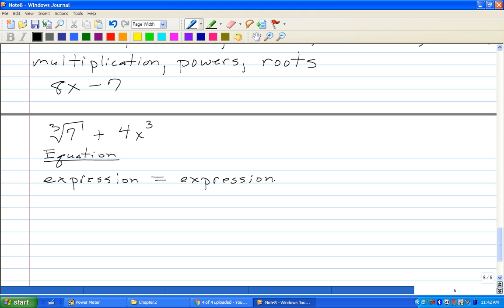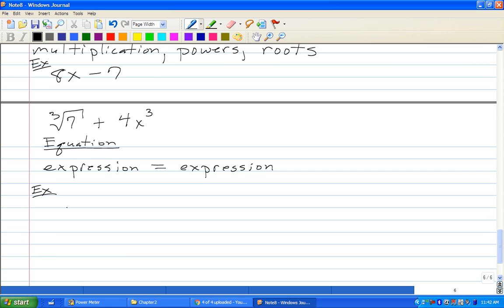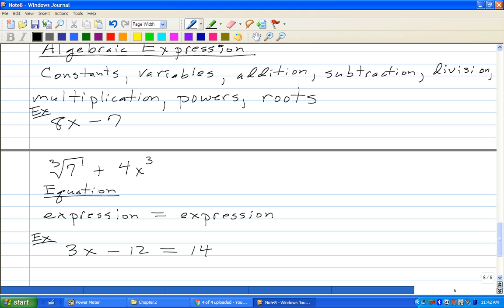So, for example, 3x minus 12 equals 14 is an example of an equation. We, in general, solve equations.